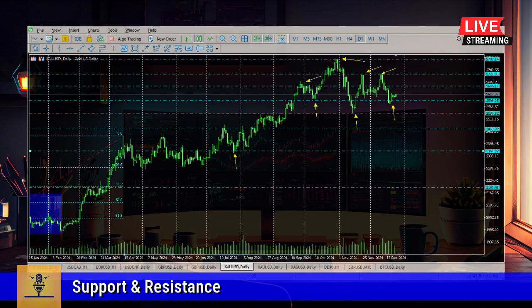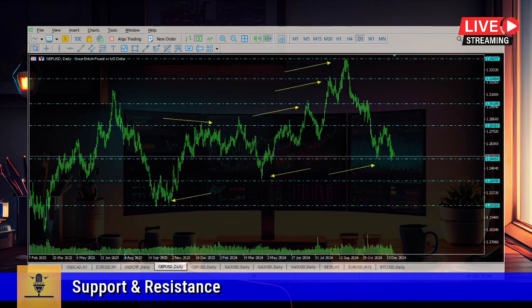Let's see the GBP USD daily chart. We can also see the price reversal. There are invisible price levels which price usually struggles to pass. This is what I call primary support and resistance.